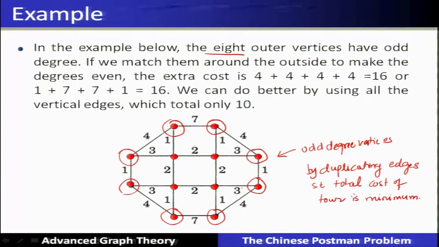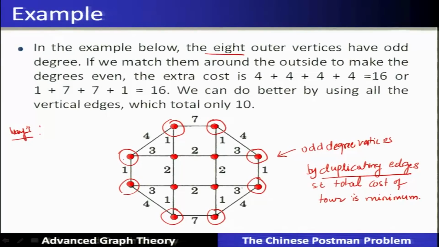So here, if you see the duplicates, how do we duplicate the edges so that this graph can be converted into an Eulerian graph? The first way states that we have to match the vertices around the outside to make the degrees even.